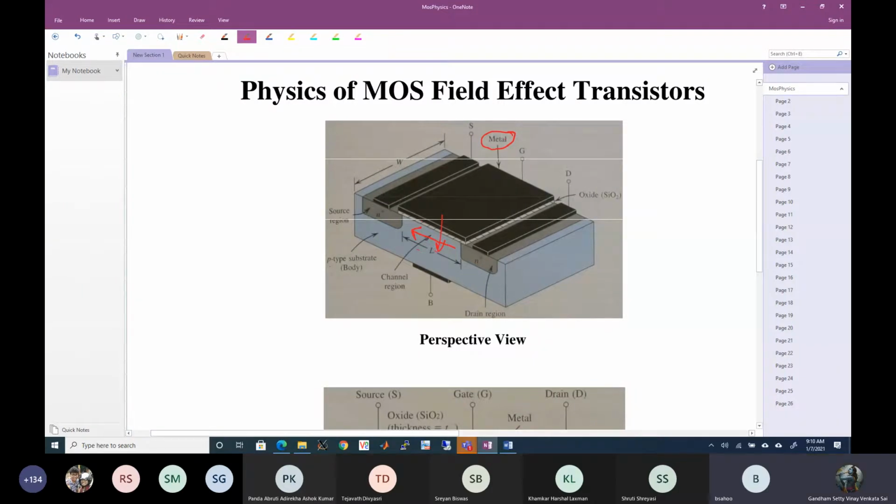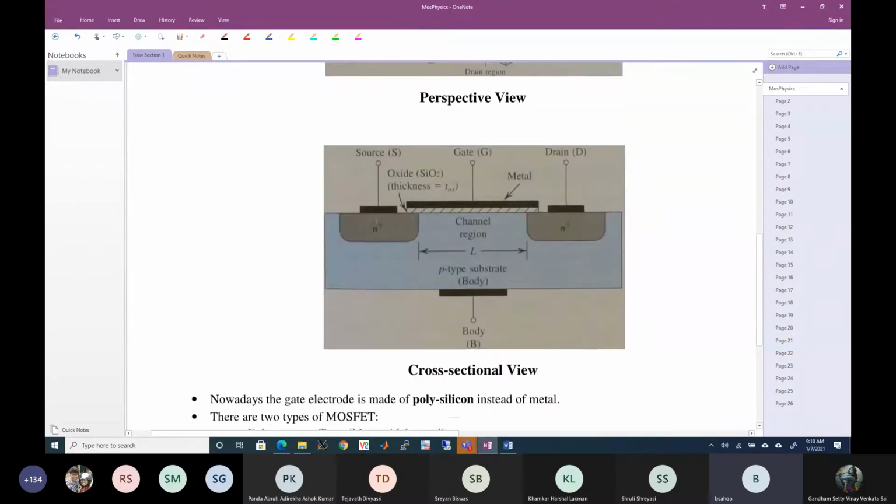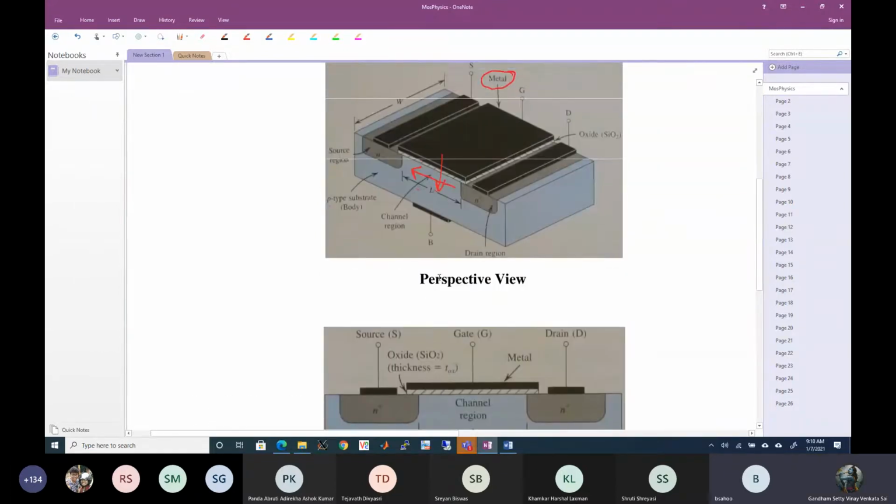Now the next thing, and this is the cross-sectional view, and this is a three-dimensional perspective view. So now if you see, this is the width of the transistor, and the length of the transistor is given over here. So this is the perspective view.